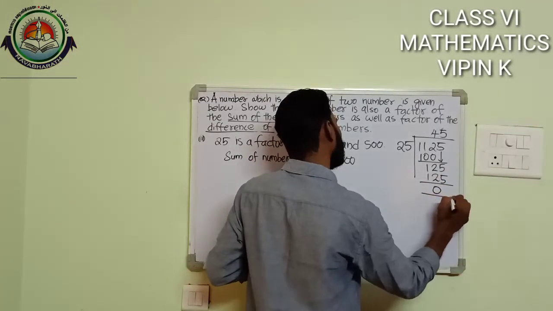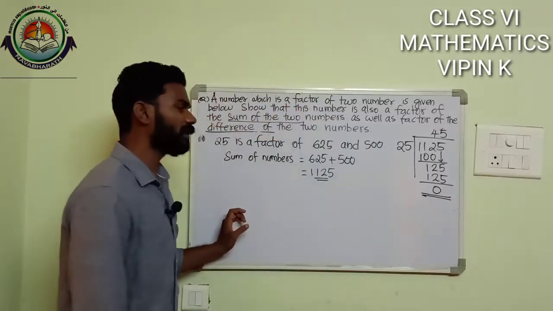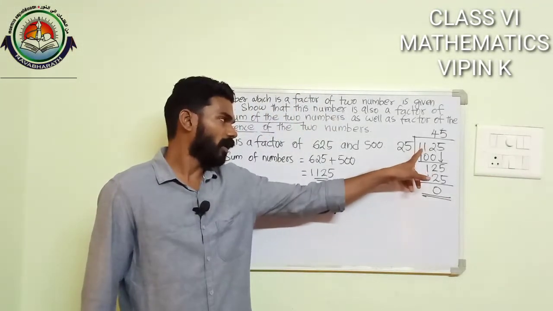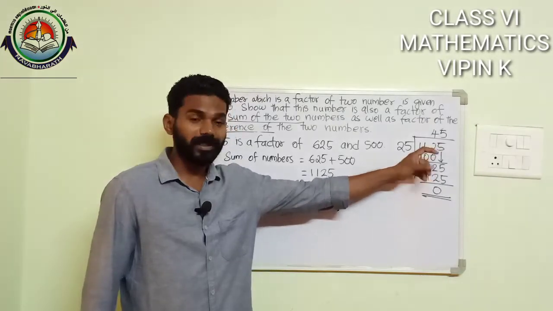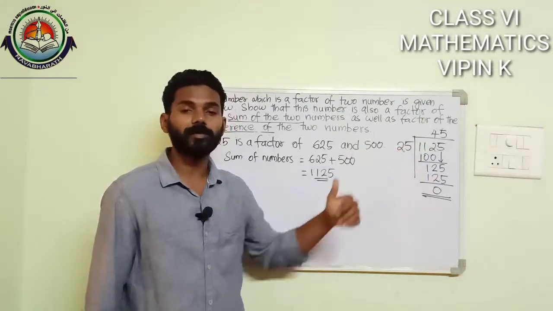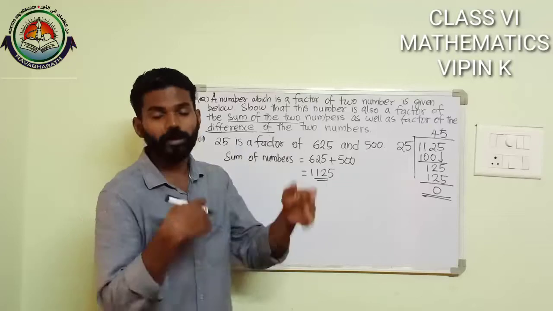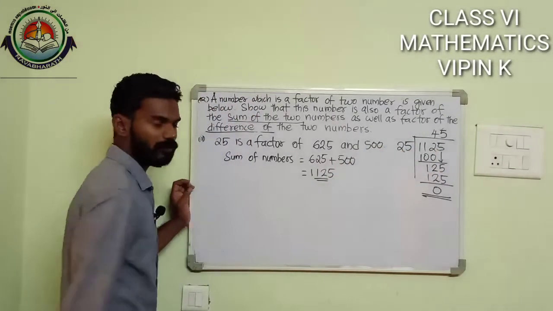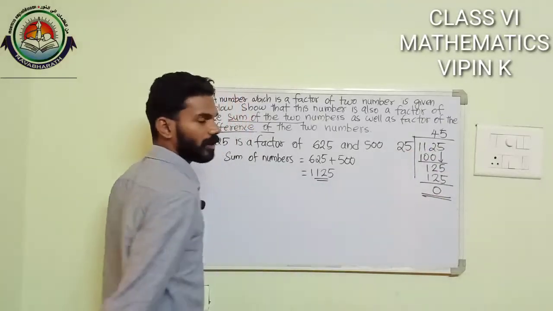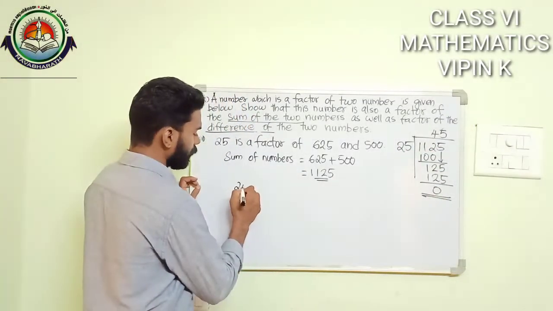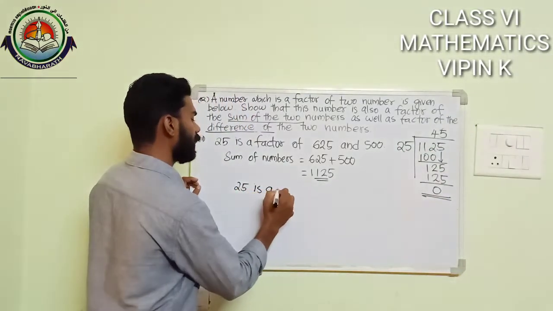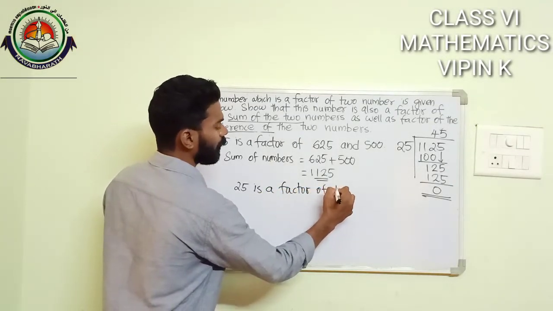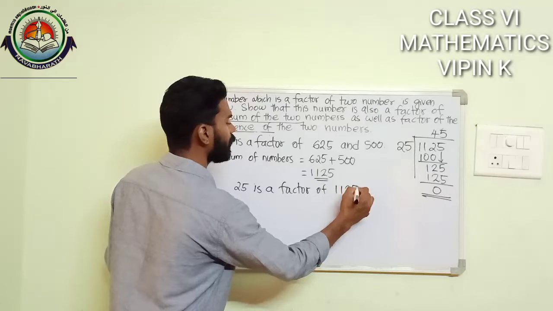So what would be the remainder? Remainder is 0. Or we can say that 1125 is exactly divisible by 25. Or we can say that 25 is a factor of 1125.